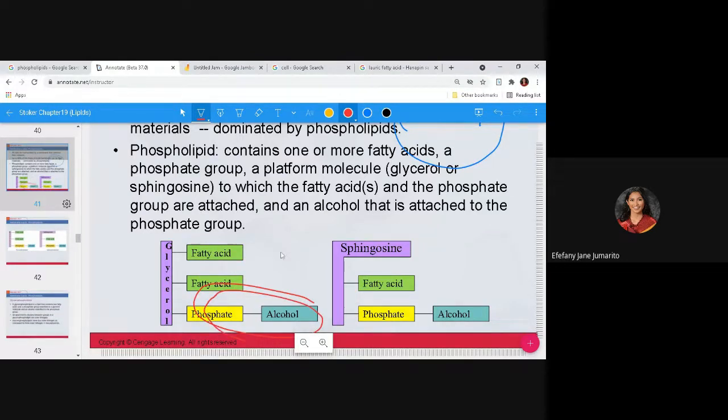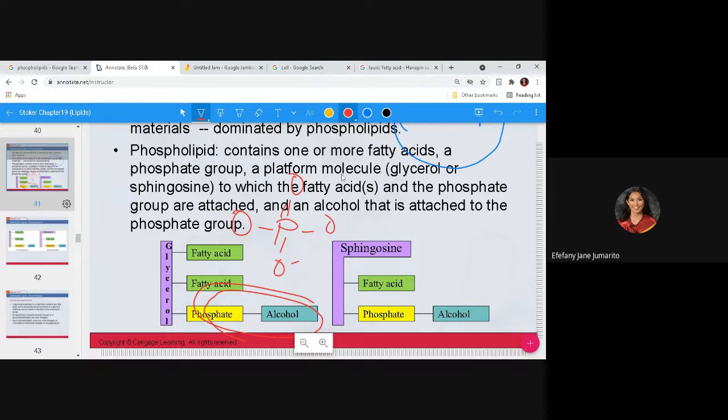It makes it polar because when we have phosphate, there is a double bond O, then an O here and an O minus here.